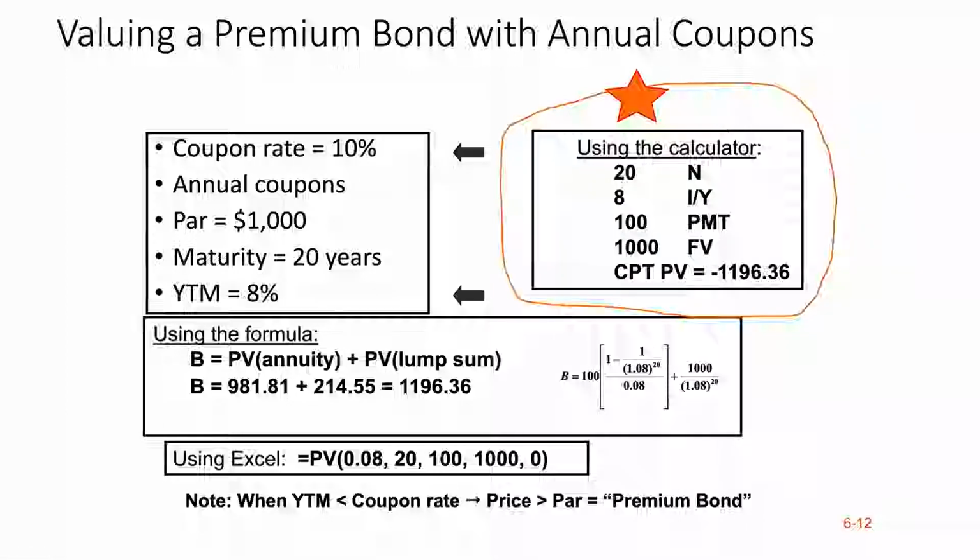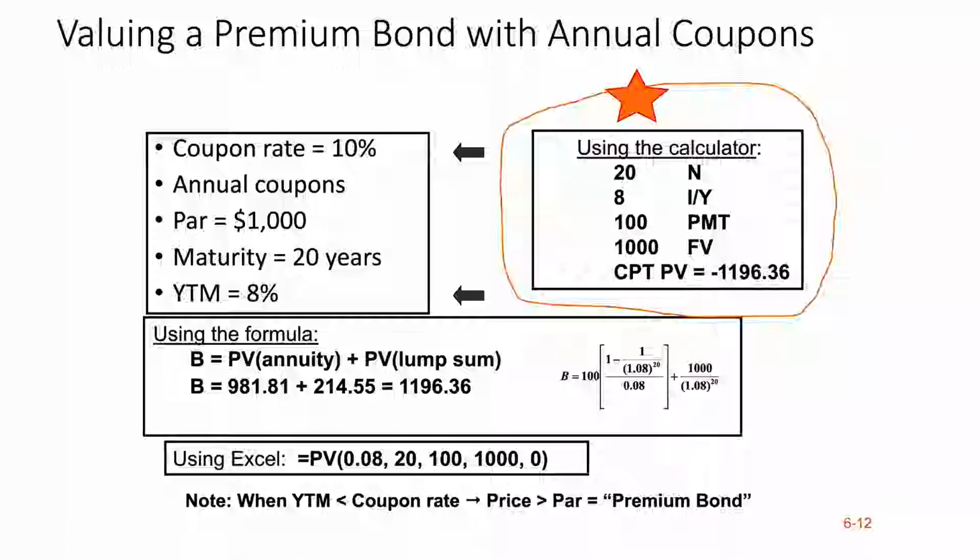You put that in, and solving for present value, or the bond value, which is negative 1,196.36.